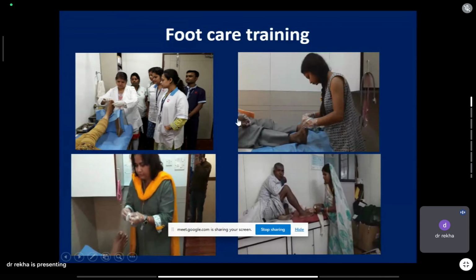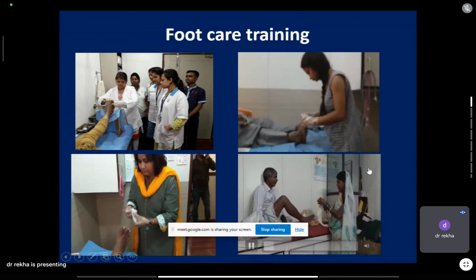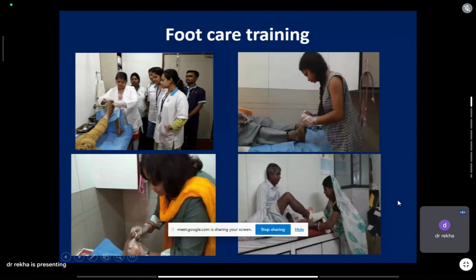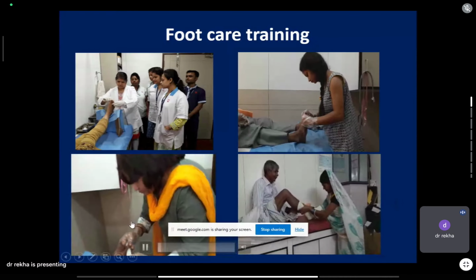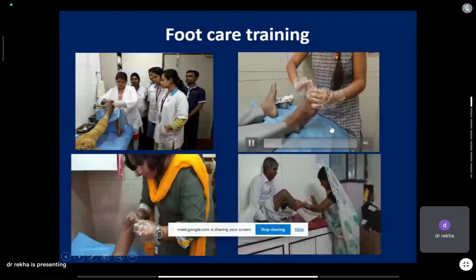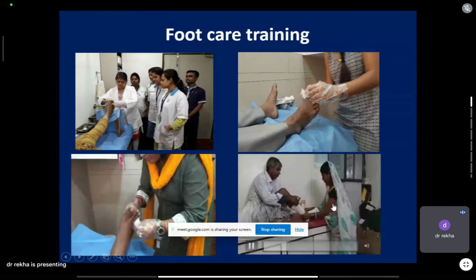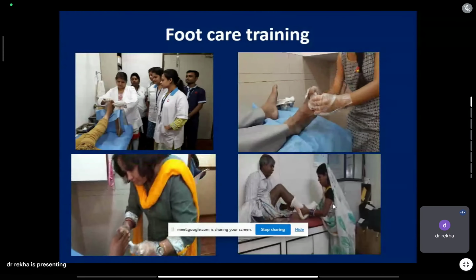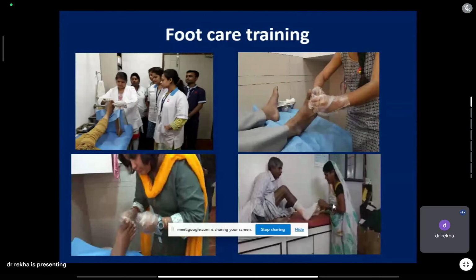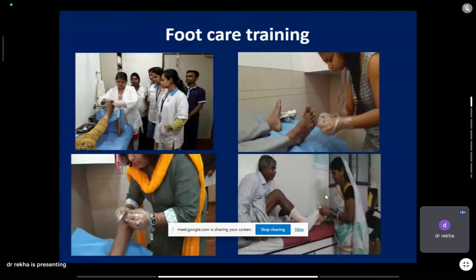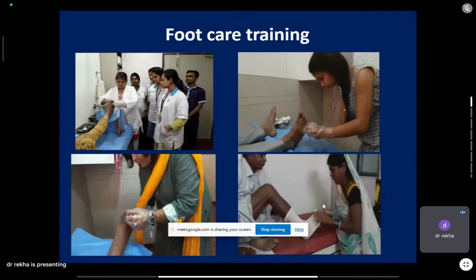You can see, we always ask the family members to dress their own. We never allow any dresser to dress the patient's wound. We always ask the patient's family member to dress their own.